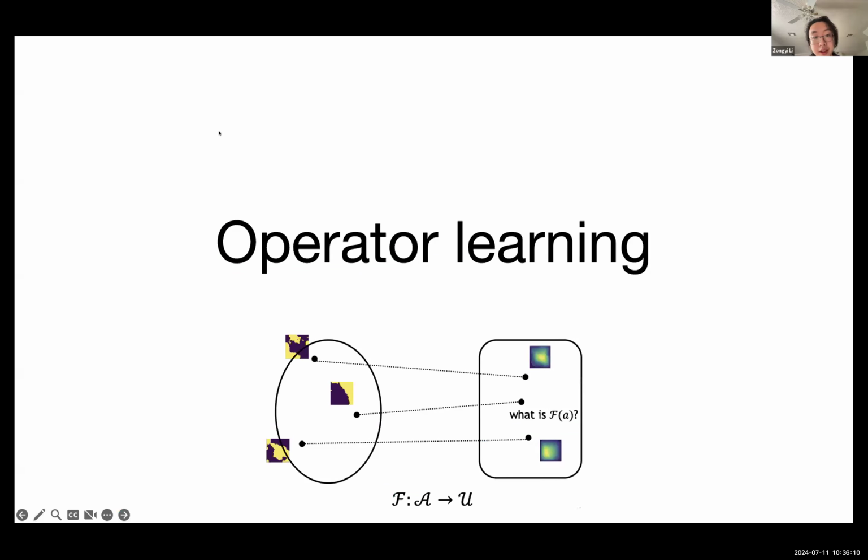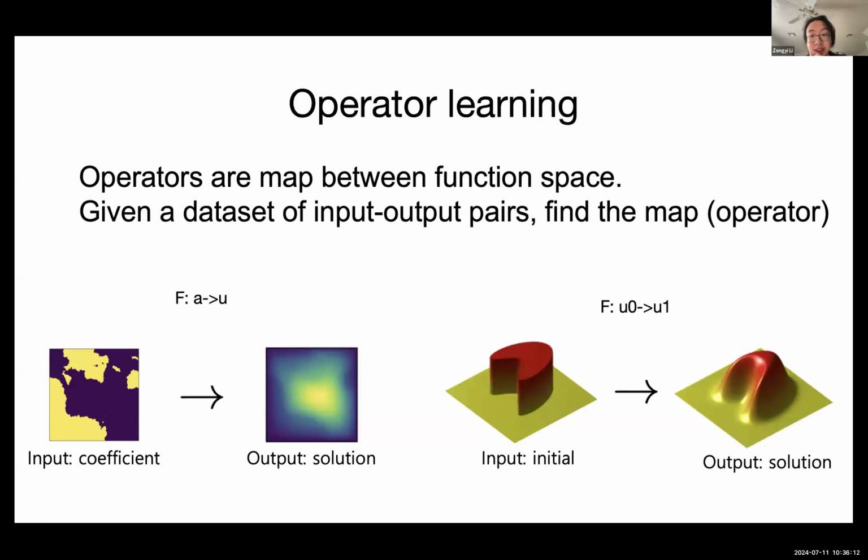Operator learning just means that given underlying equations, for example, an initial value problem or coefficient problem, we define this problem as an input-output map. In this case, the solution operator F is basically the inverse of the finite difference matrix, or the inverse of the matrix in the linear system.